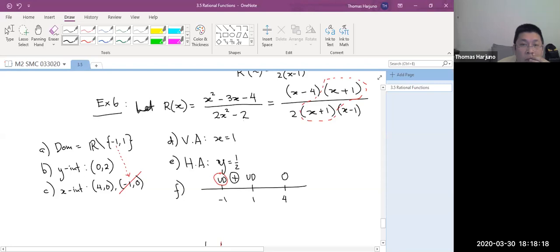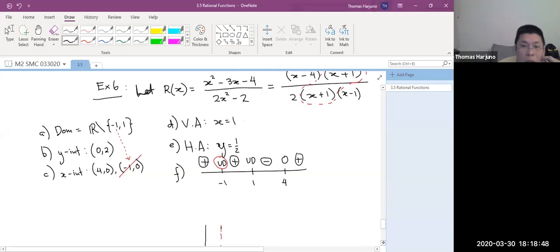The multiplicity for x equals -1 is 2 because it happens once on the top and once at the bottom. It's twice, so this is still positive. The multiplicity of x equals 1 as a zero is 1, so it's odd, so we change sign. For 4, also multiplicity of 1, we change sign.